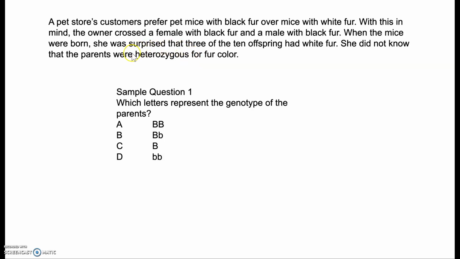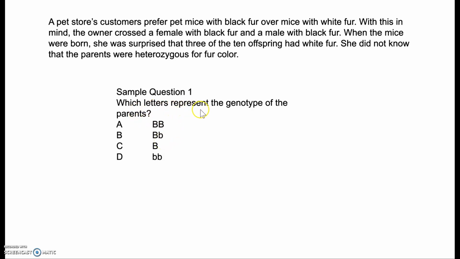So here's a science word, heterozygous, that I need to know the meaning of. So I need to know, is heterozygous a lowercase and an uppercase? Or is it 2 uppercase or 2 lowercase? Well, I know that hetero means different. So I know, in fact, that a heterozygous is an uppercase B and a lowercase b.